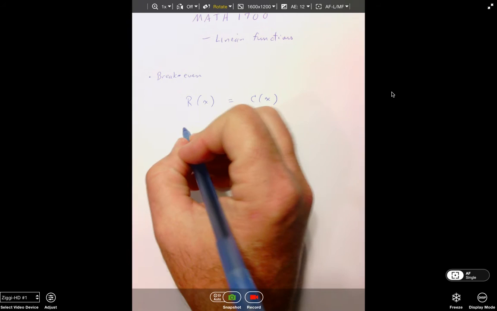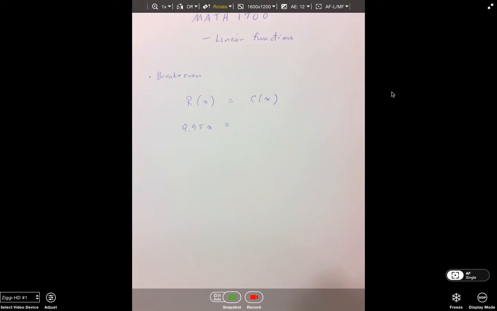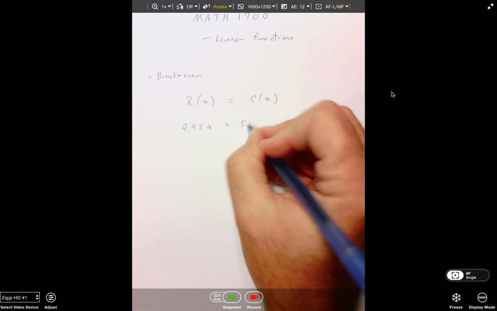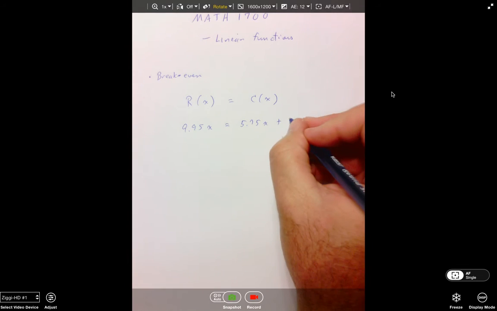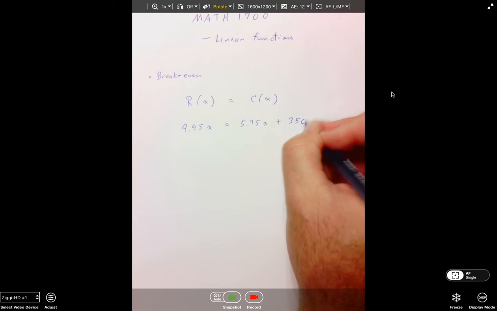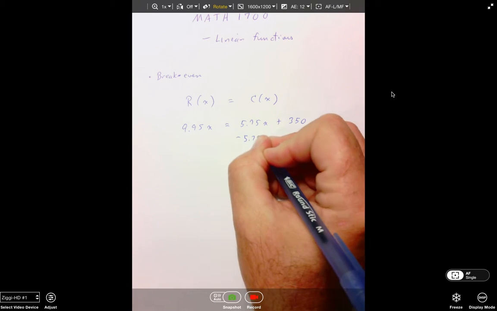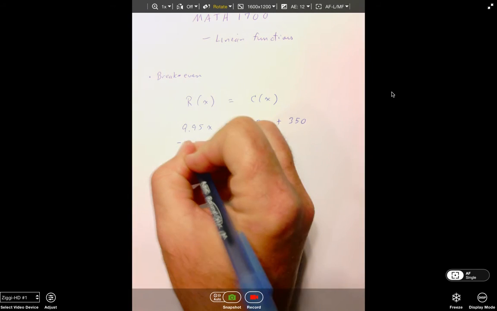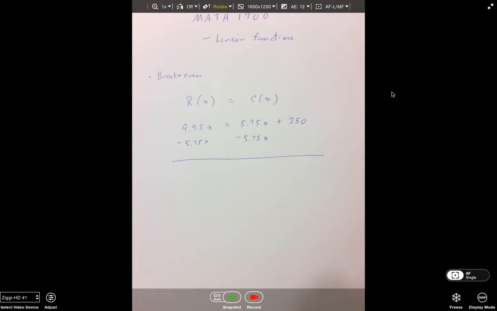So our revenue is going to be $9.95X. Our cost is $5.75 times X plus $350. So gang, it should be really clear that we're going to subtract $5.75X from both sides.